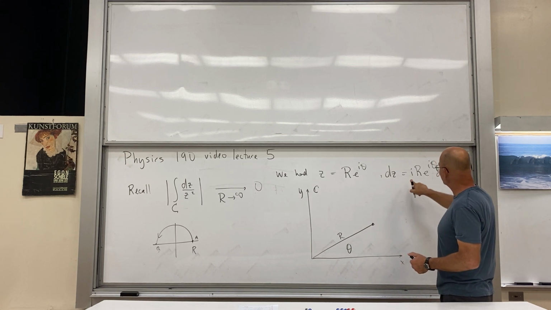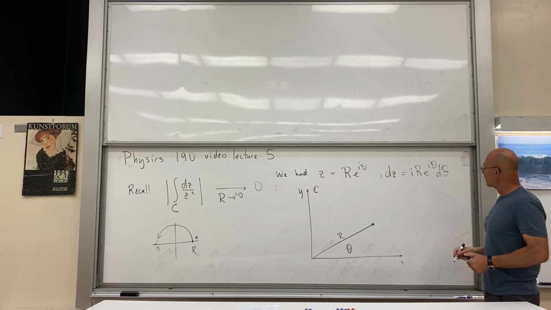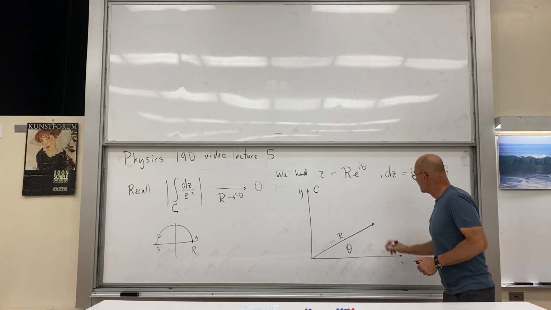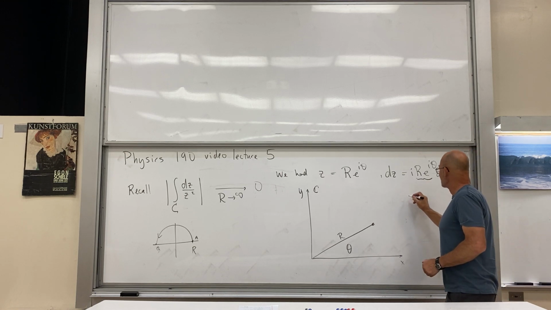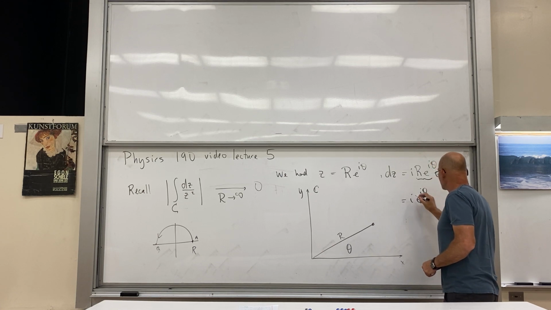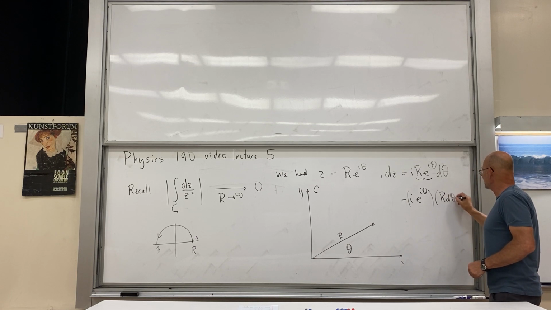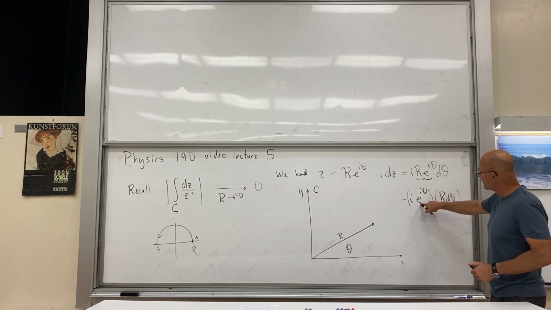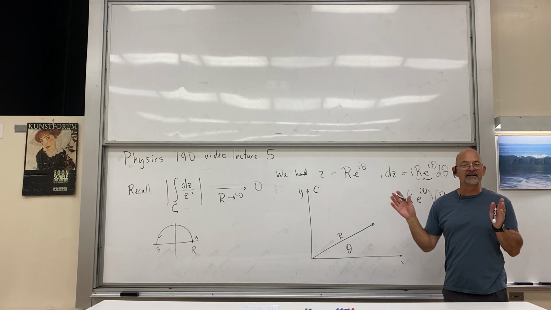Now let's look at dz. We have i r e to the i theta d theta. r e to the i theta is just z, so that's that point there. Let's write this a little differently: i e to the i theta, and then r d theta, because this of course is real. Now what is i e to the i theta? We can think of e to the i theta in terms of complex numbers as vectors.